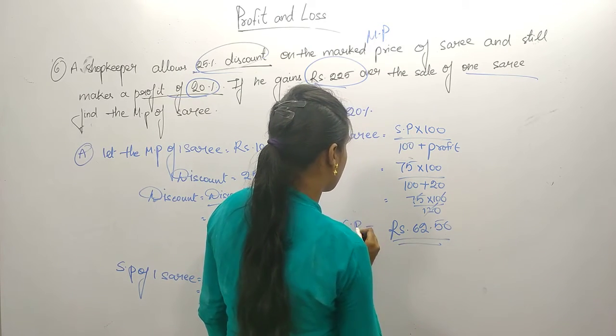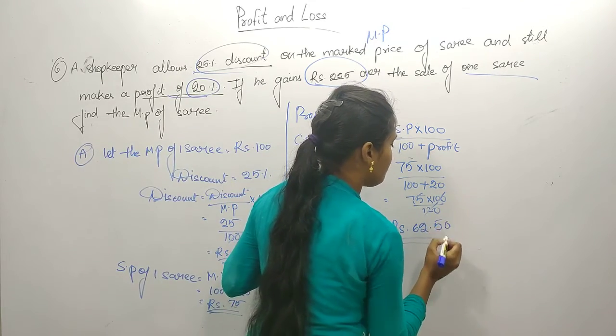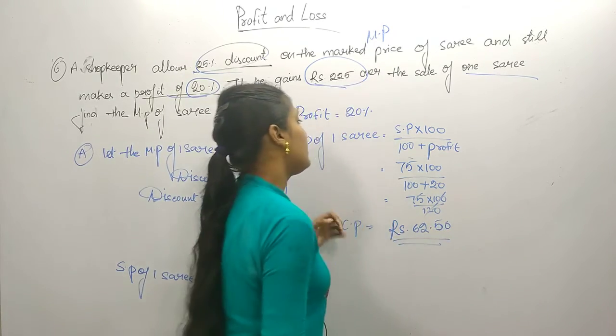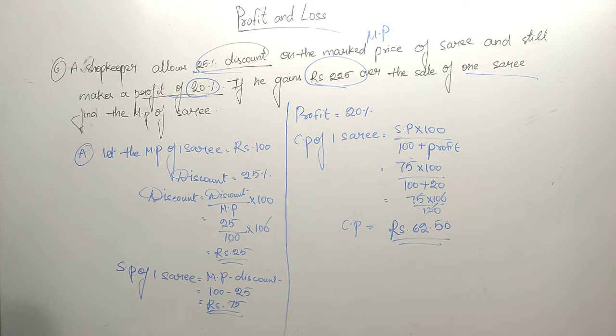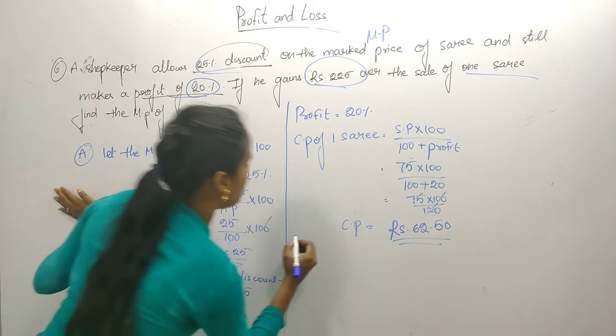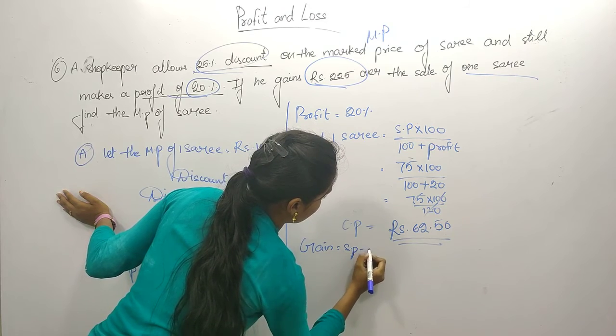Cost price of one saree is rupees 62.50. Okay, cost price we found out, selling price we found out. Now what will we do? Gain we have to find out. Profit means gain. Gain is equal to selling price minus cost price.